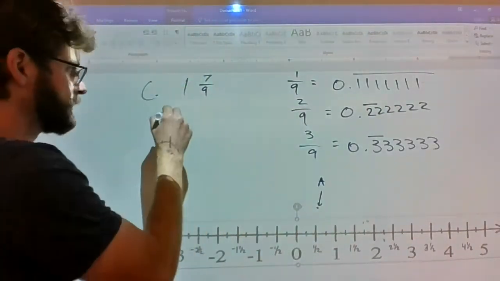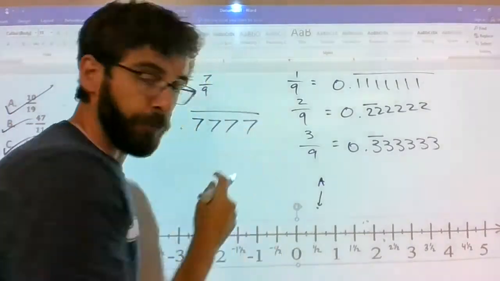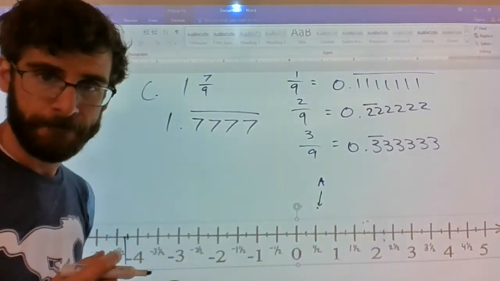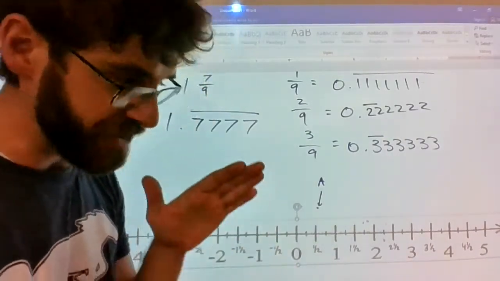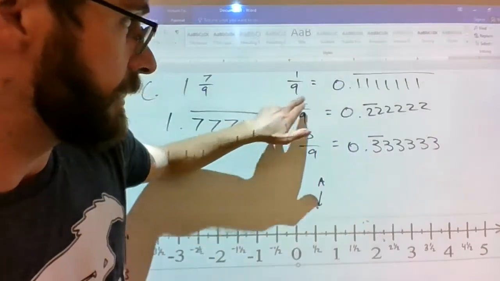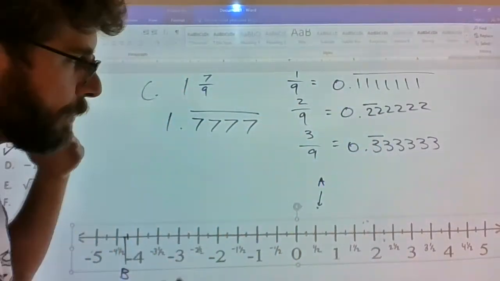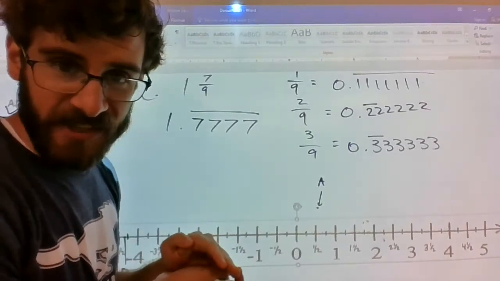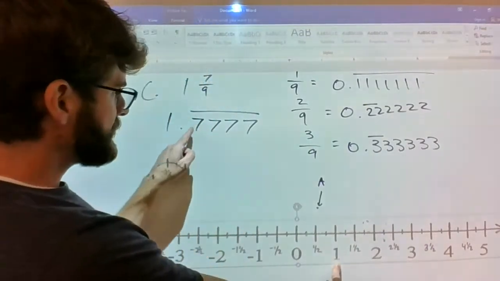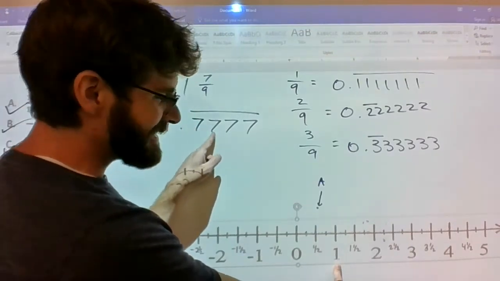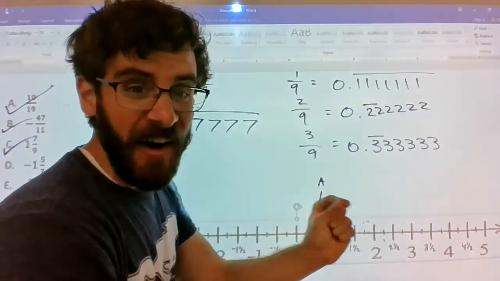7/9 is 0.7 repeating. And that's something I want you guys to commit to memory, that anything divided by 9 is just that number repeating, that number repeating, that number repeating if you're dividing by 9. So when placing 1 7/9 on a number line, we go over to 1.7, which would be to the right of 1.5.